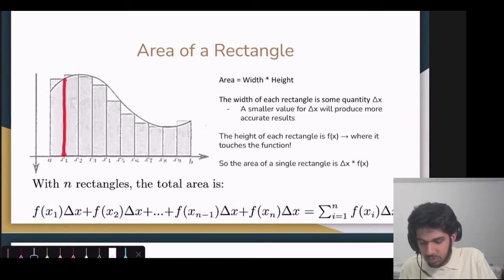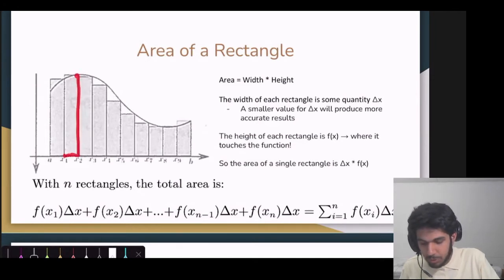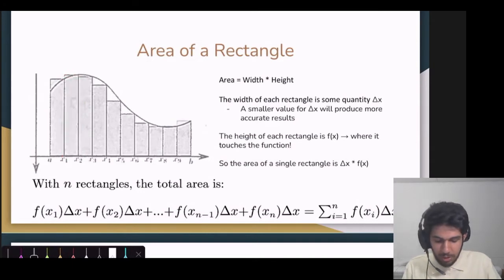So that's f of x1 times delta x. So we get the area of this rectangle. Then we move on to x2. So that would be here. f of x2 is this height. Delta x is the width, so that's this much. We multiply those together and we get this area here, and so on until we reach n.